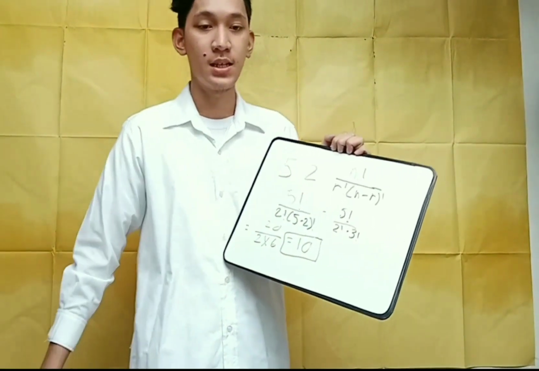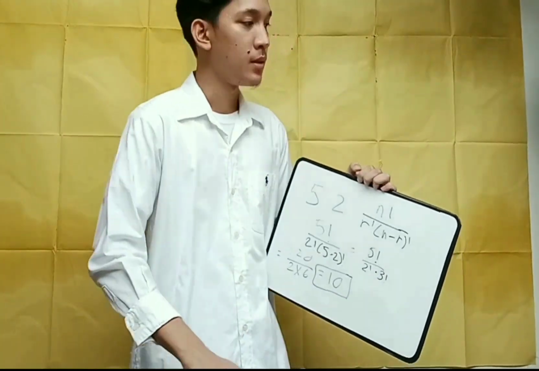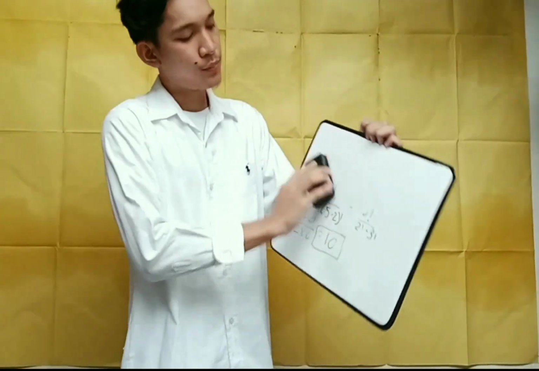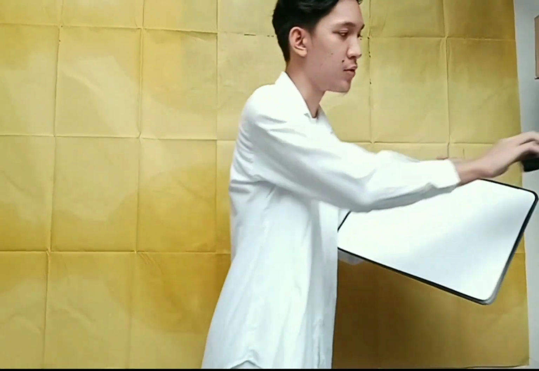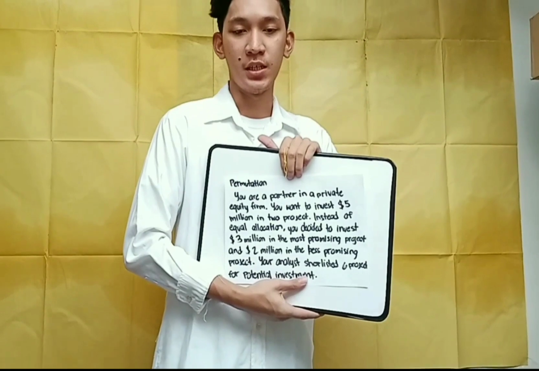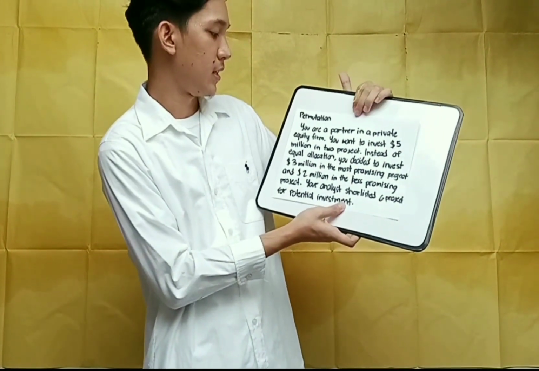So next one is the permutation. This can be long because my problem is a bit long, so I'm just going to make it faster. Imagine you are a partner in a private equity firm.